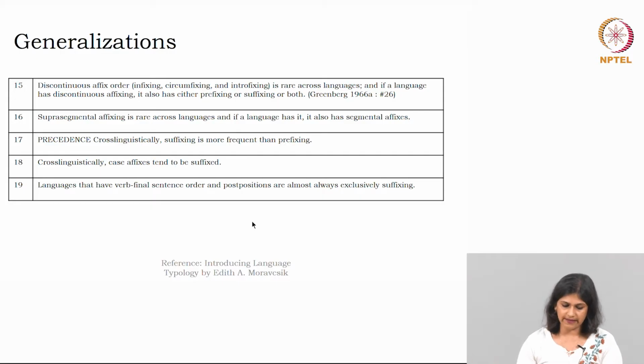So, what does the generalization say about precedence? Let us have a look at it. That is the 17th morphological typological generalization, and it says cross linguistically suffixing is more frequent than prefixing, right. So, generally you do not find many prefixes in the world's languages, rather you find more suffixes.